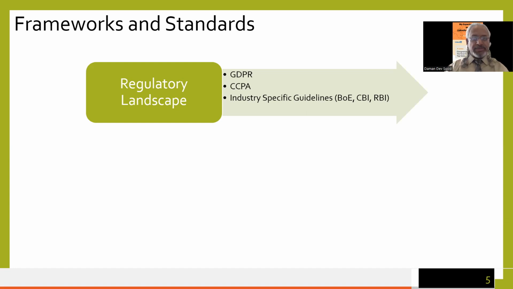So it may not be an act, it may not be a regulation, it may be a guideline or guidance in different countries. Known to me, about 10 countries have specifically issued guidelines around operational resilience.